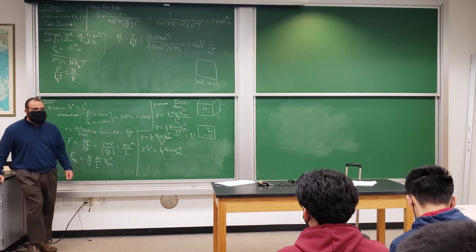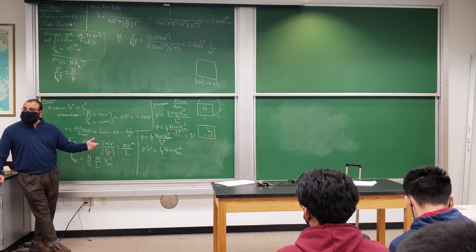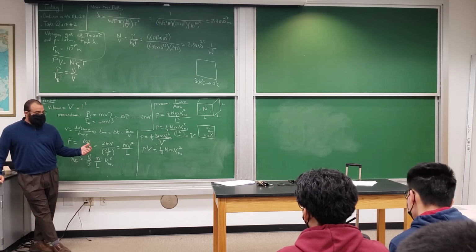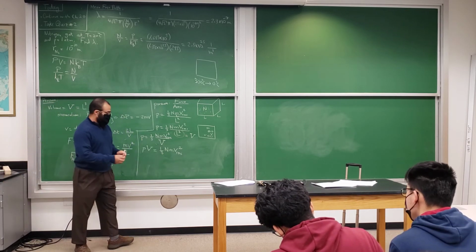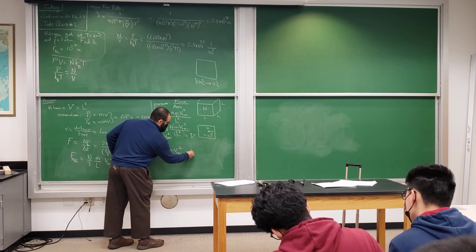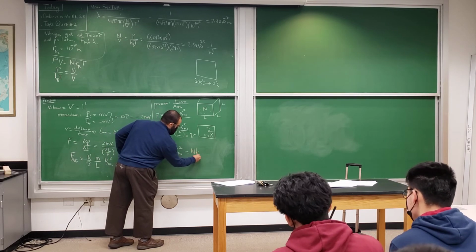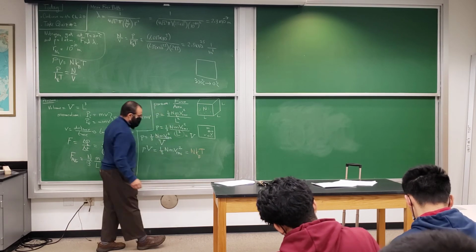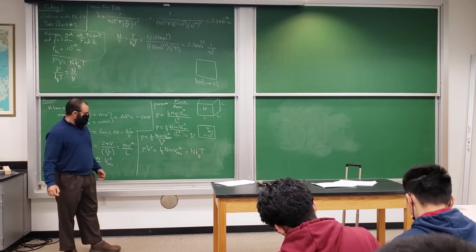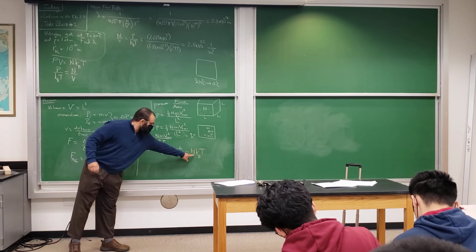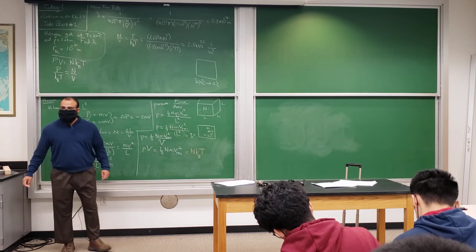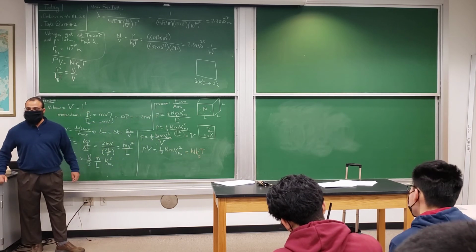All right, so I'm going to relate it now to the ideal gas law. So the ideal gas law says PV equals what? It's equal to N k_B T. You might ask, why didn't I use nRT? Well, because I have N here. I have the number of molecules, so it's nice to use the other form of the ideal gas law.